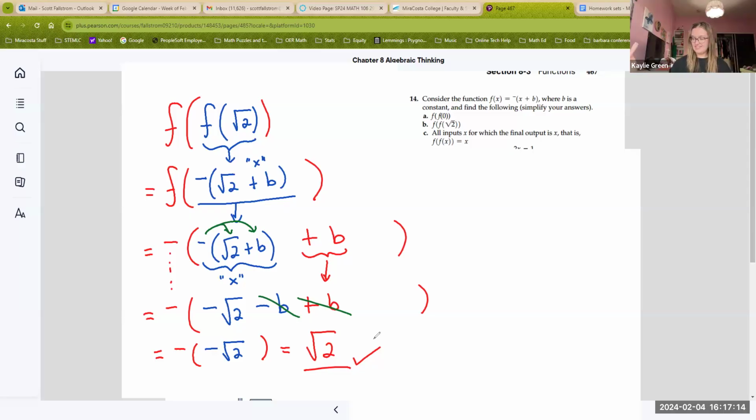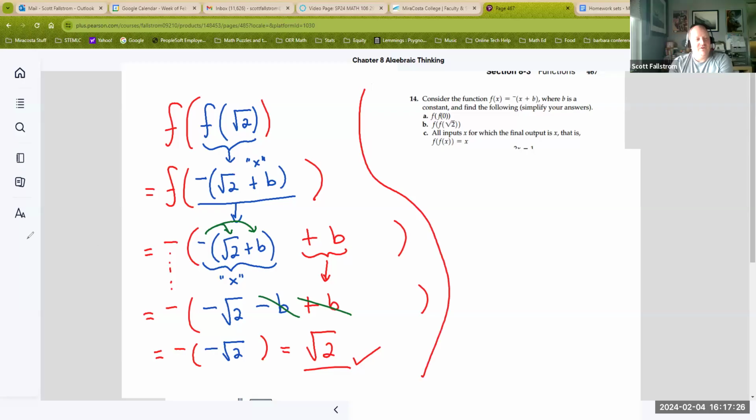So again, the tough thing I think for students is you kind of get in the weeds when you're doing a specific value. It seems strange, but if I could convince students to say, what if I just called it f of cloud? Then I'd have minus cloud plus b, right?